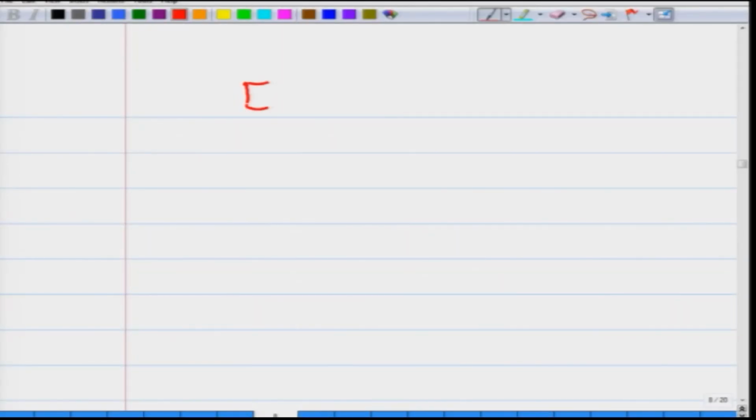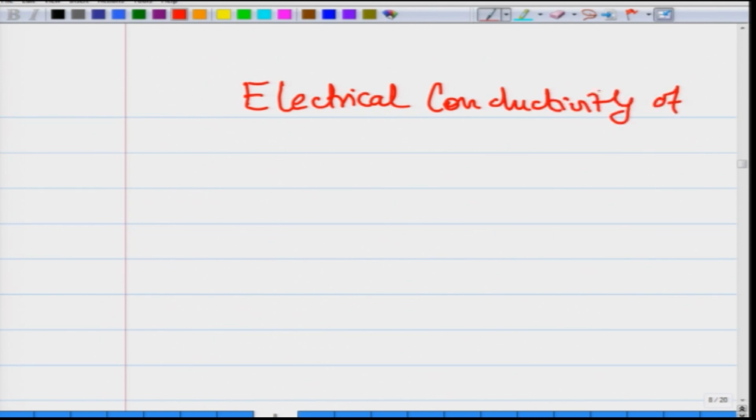And here we come to the electrical conductivity of a solid, and we will spend some time and effort trying to understand this property.